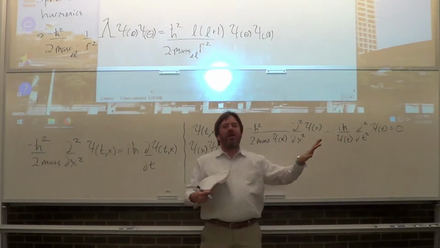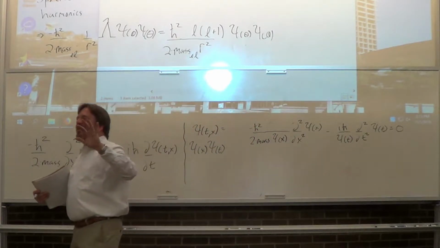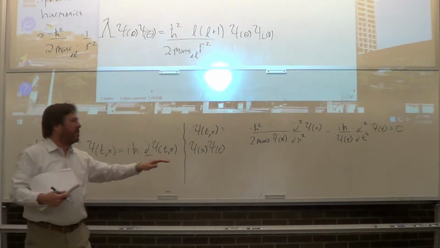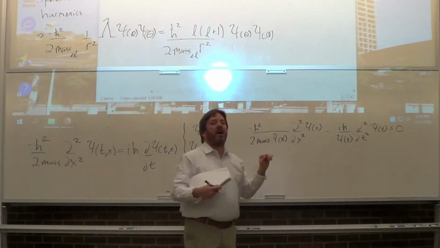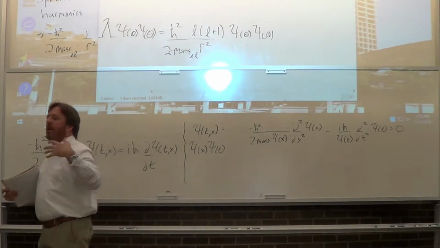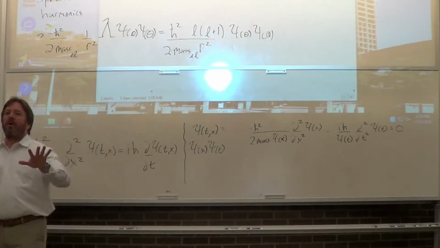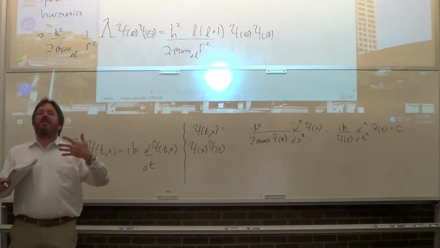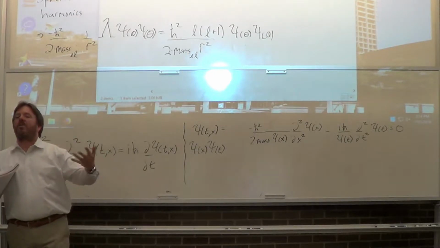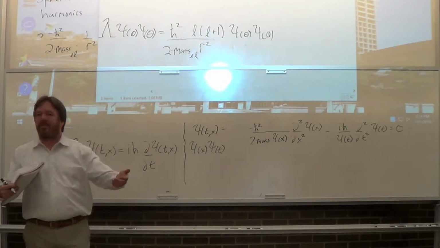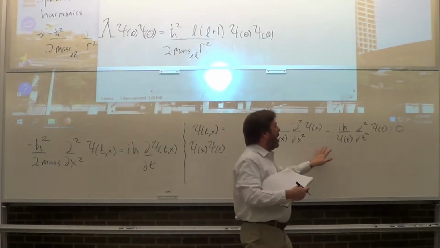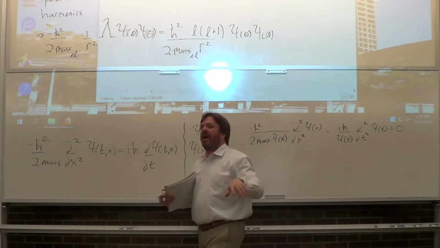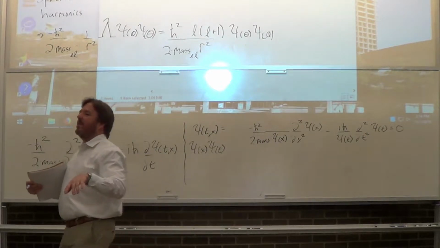Now, you know that when these things are separated and equal to a constant, each miniature Schrodinger equation is equal to its own constant. Just like in the last hour, I showed that all the radial parts contribute the rotational energy, L times L plus 1, h bar squared. Now, what do you think the constants are for this thing?